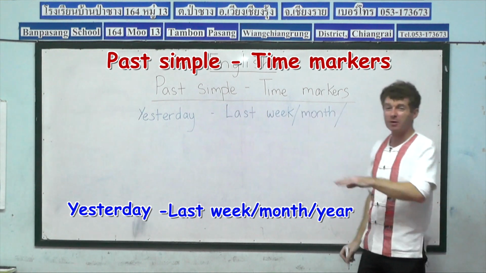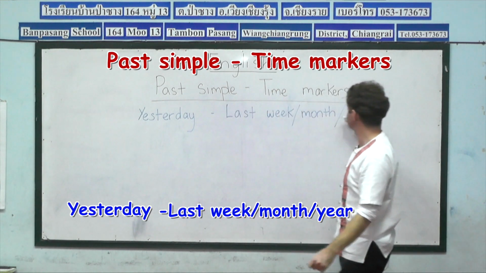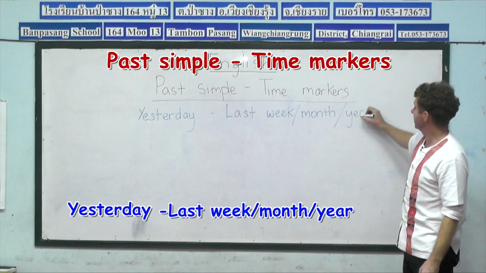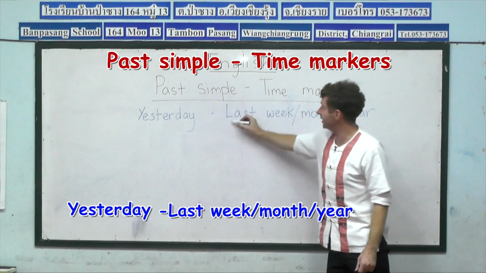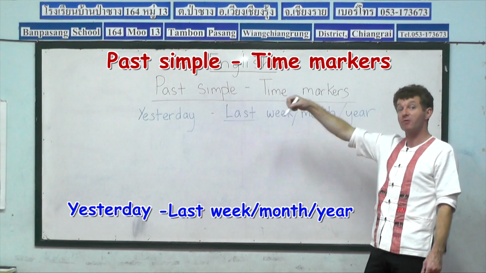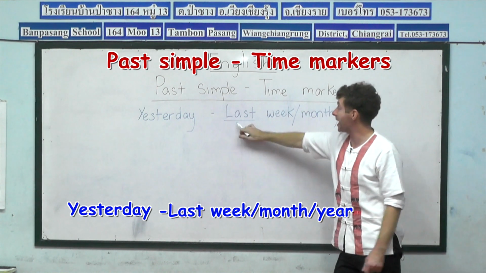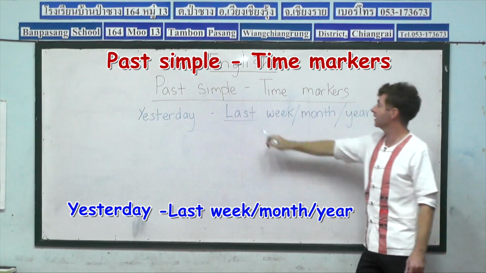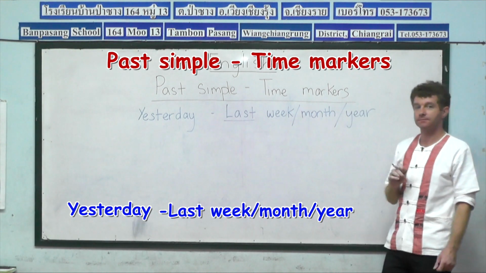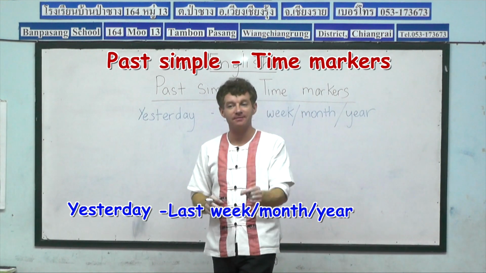And if we want to go a long time back, last year. Excellent. You see, we use the word last to describe something that was previous. Last week. Last month. Last year. Excellent. These are all time markers in the past simple.